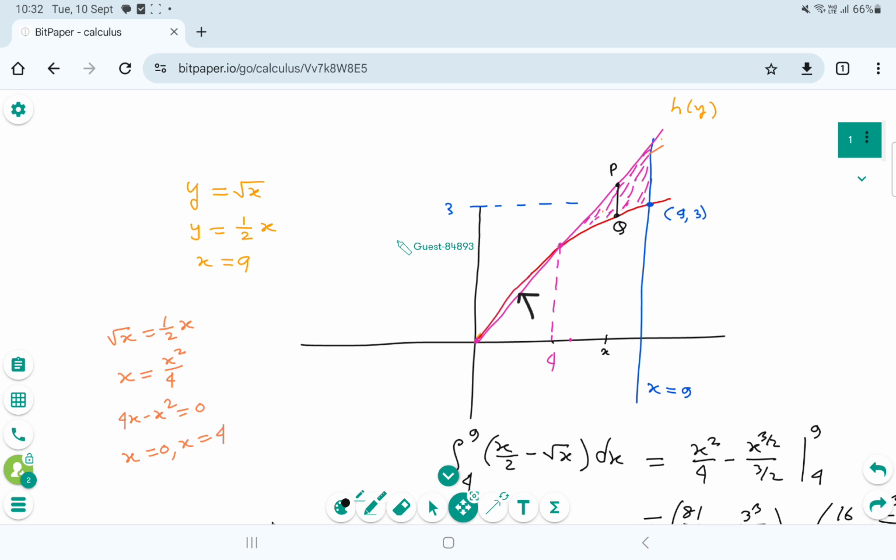The small hint: just find the intersecting point. The graphs they will give you already, but when you are trying to draw the relative position, which graph is up and which graph is bottom, that time you need the intersecting point. So take care about that.